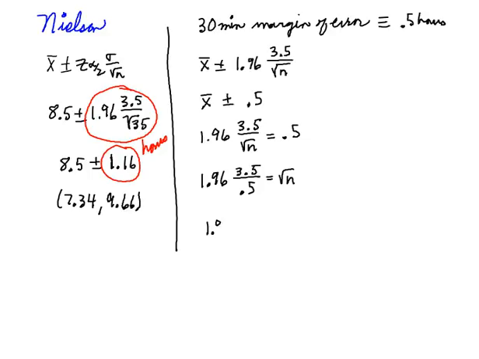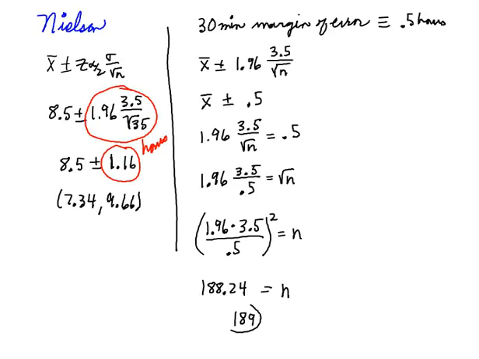So I have 1.96 times 3.5 over 0.5, squared, equal to n. And doing that calculation, n is 188.24. So just to make sure we have the 95% confidence interval, we always round up. So the answer would be 189.